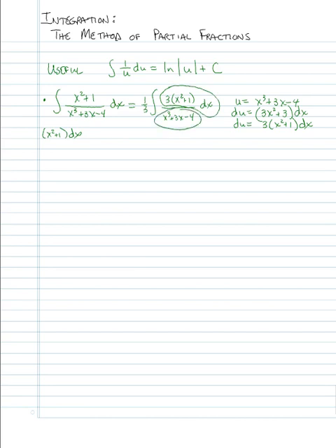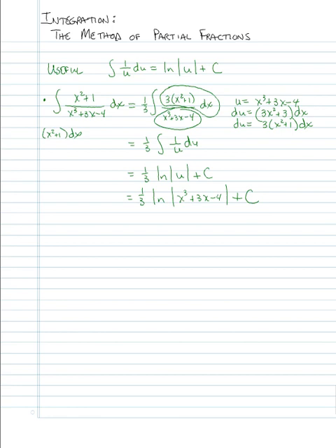And this is a u. So this becomes 1/3 times the integral of 1 over u du. And we know very easily then that's 1/3 times the natural log of the absolute value of u plus our constant of integration. But specifically this time we have u is x cubed plus 3x minus 4. So we have completed the integral.